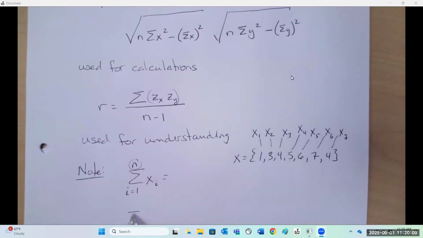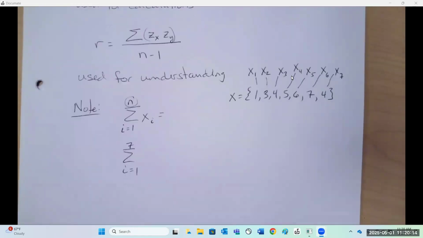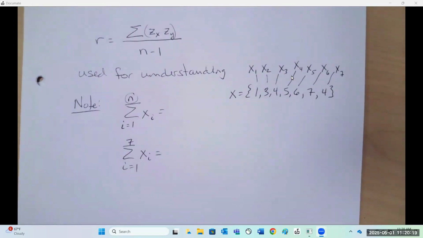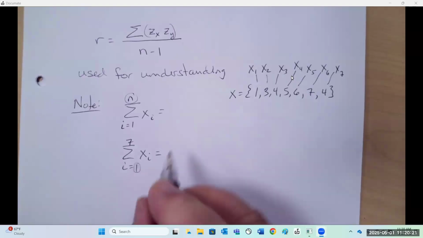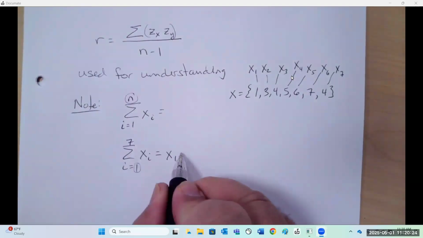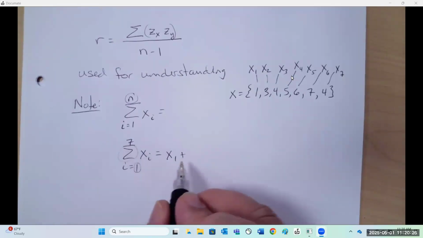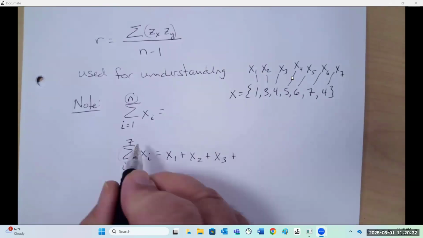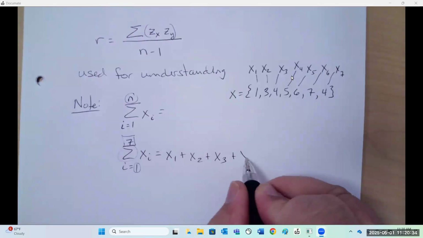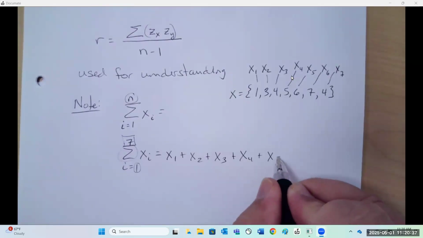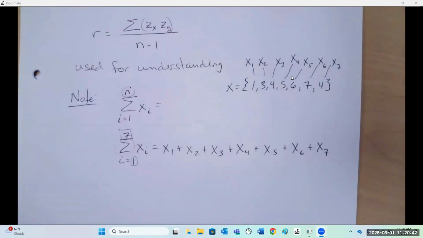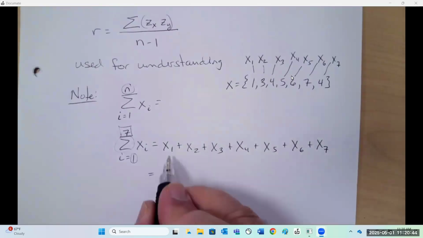I would have the summation of i equals 1 to 7 of x sub i. What this means is I start off with i equals 1, and because this means summation, I add the next one. I keep on doing this until I get to 7. And now what is x sub 1?